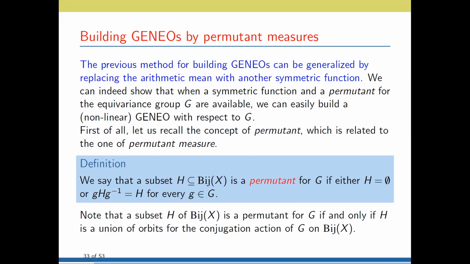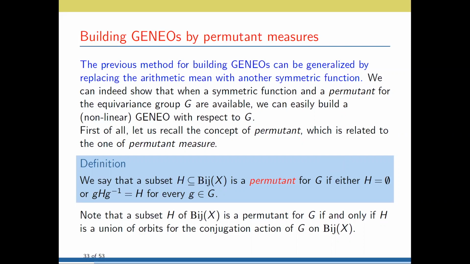The proposition is still true, since we can indeed show that when a symmetric function and the permutant for the equivariance group G are available, we can easily build a nonlinear, this is an important thing, now a nonlinear GENEO with respect to the same group G.